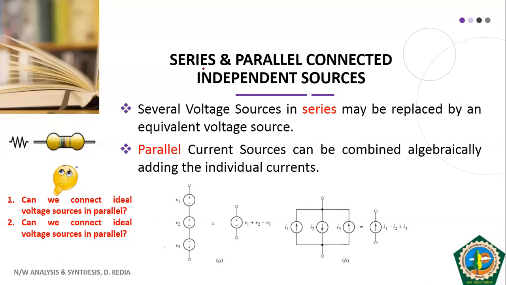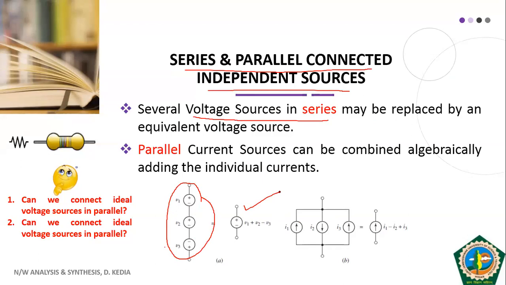Here the first topic is series and parallel connected independent sources. If we have more than one voltage source, or more than one current source, what will be the case in any circuit? If we have voltage sources in series, they will be added together.